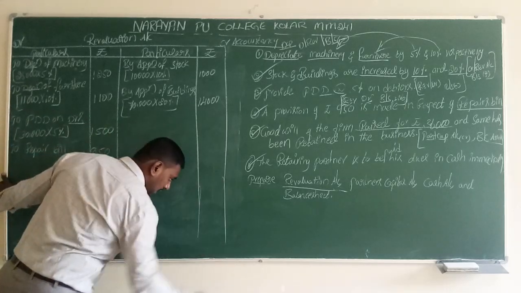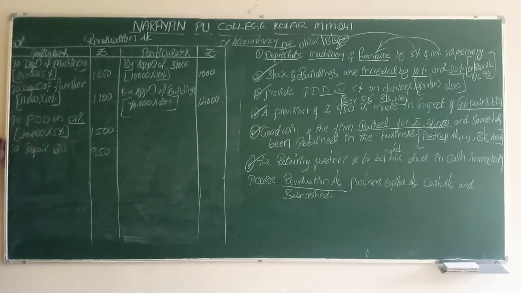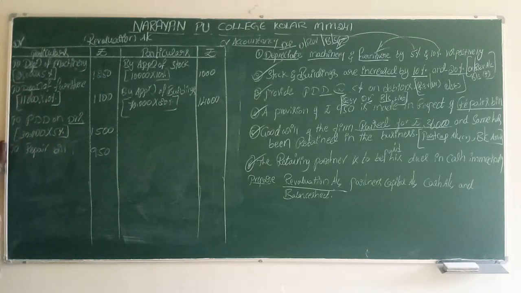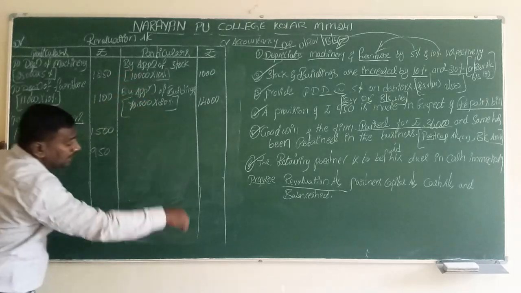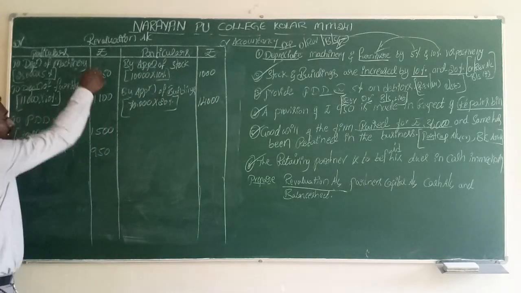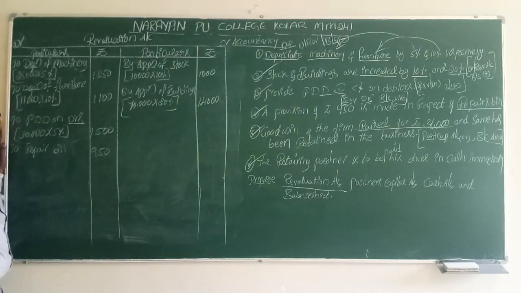Before closing that, you have to assess which side has the highest value, whether we will get a higher balance on the credit side or on the debit side. The total of the credit side we have to get is 14 plus 1, 15,000. By adding all these 4 values, we won't get the value of 15,000.